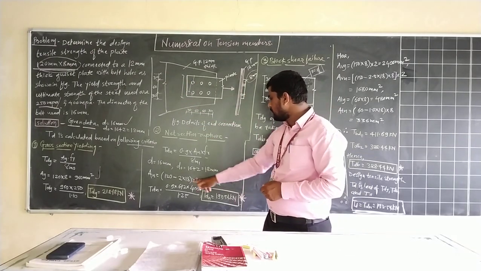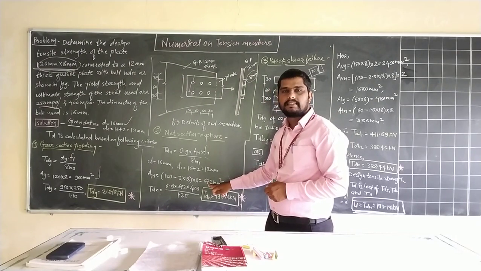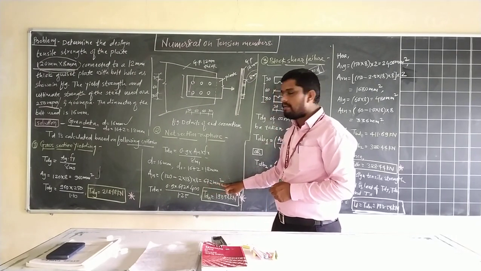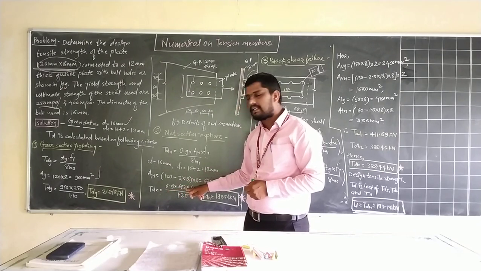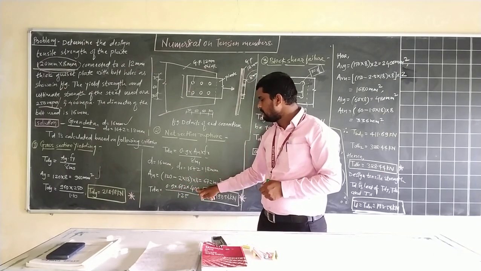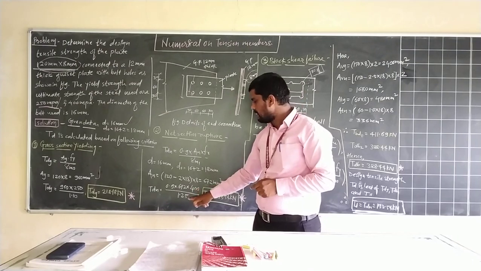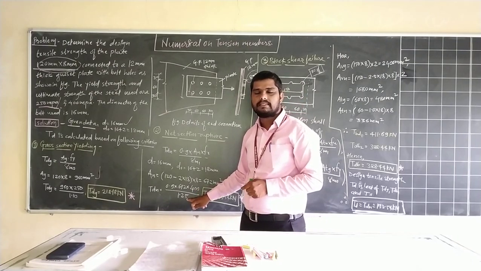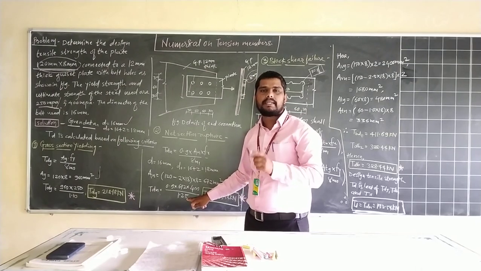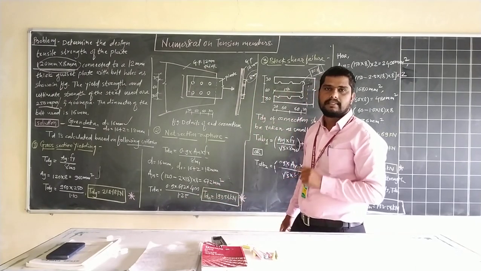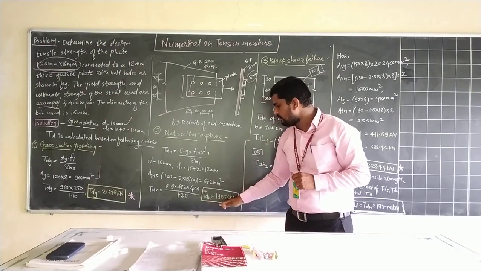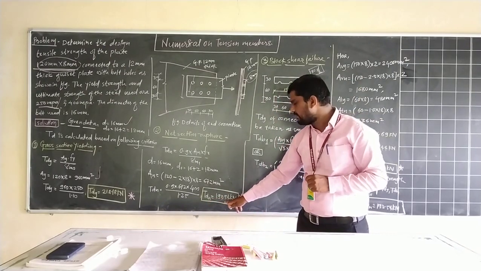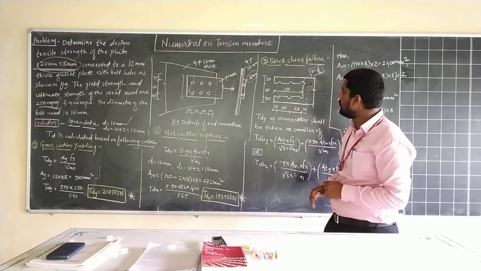So the total calculation for the net area is 672 mm square. So TDN is equal to 0.9 into 672 into 400 Newton per mm square, and the partial safety factor for this is 1.25 according to Table 5, page number 30, IS 800 2007. So the TDN value we got is 193.54 kilonewton.